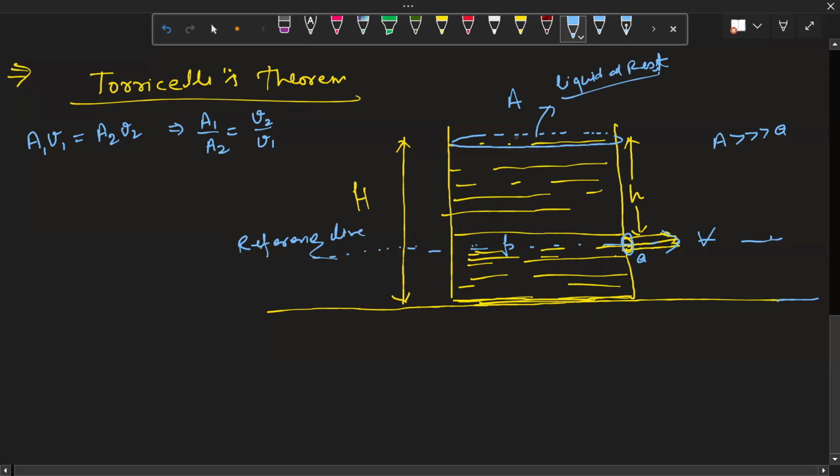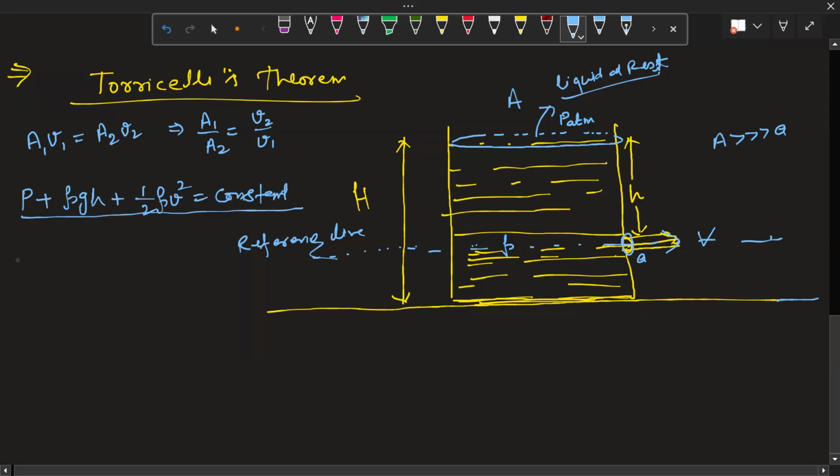Now at this point, the pressure above the liquid we take as atmospheric, P atmospheric. I know that in Bernoulli's theorem, P plus rho g h plus half rho v square always remains constant.